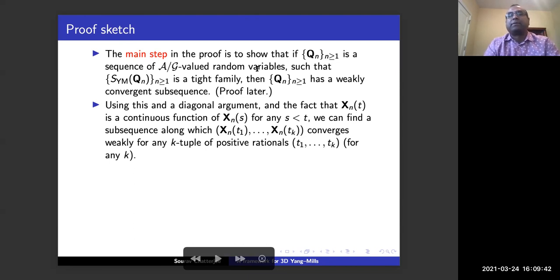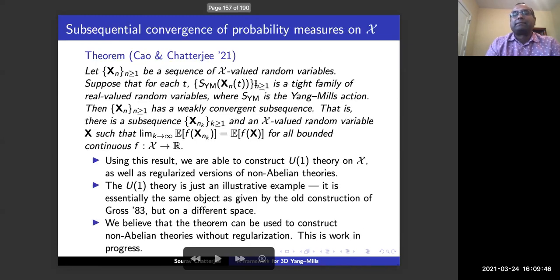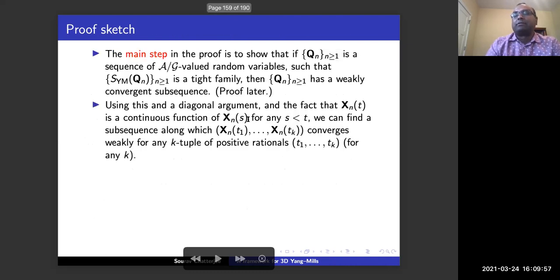First of all, if you assume this part, the main step, then from this condition here, you have that for each t, xn of t is a tight family of A/G valued random variables. So xn t is a tight family, okay, for each positive t.